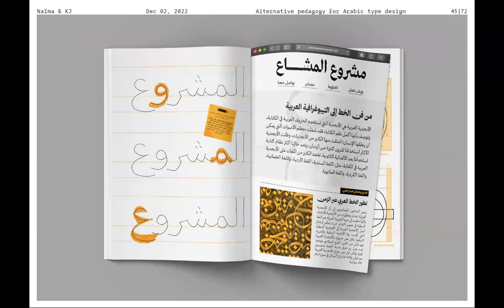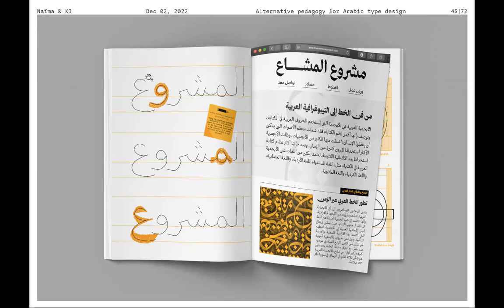So it's a lot of different exercises to get a sense of the type parameters, the weight, the contrast, the styles, etc. This is workbook 0.1, and hopefully there will be a 0.2, and maybe more.